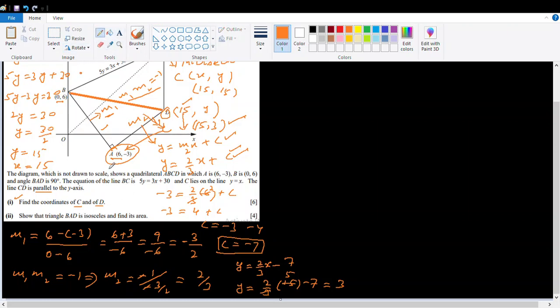You will prove any two sides' lengths equal, either AB and AD, or AD and BD, or BD and AB. So to prove an isosceles triangle, we use the distance formula.